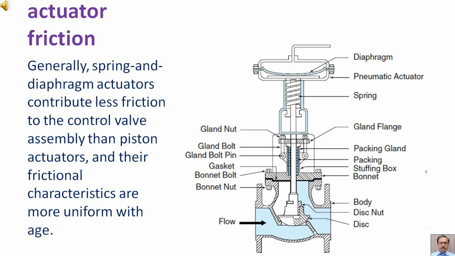In this slide, we are going to talk about actuator friction. Generally, spring and diaphragm actuators contribute less friction to the control valve assembly than piston actuators, and their frictional characteristics are more uniform with age.